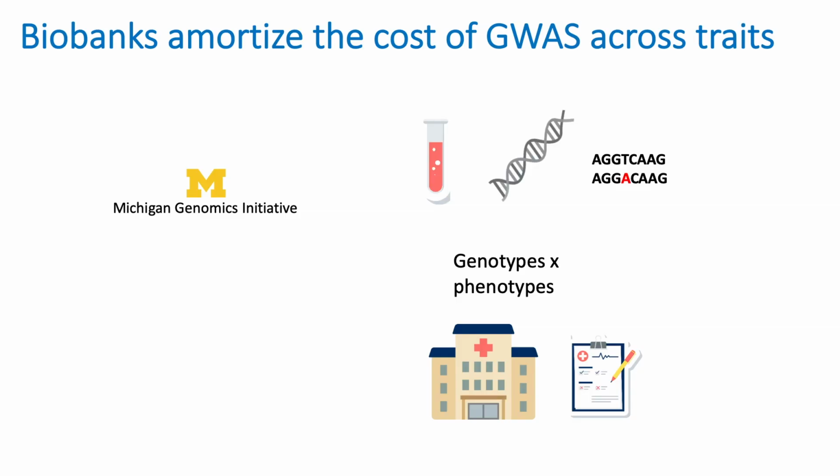But generally, MGI is a resource of collected DNA samples and a variety of phenotypes, primarily coming from ICD-based medical records and the entire EHR. And MGI has also, because they've genotyped 45,000 people with an array, a collection of quality control imputed genotypes available for researchers to use.